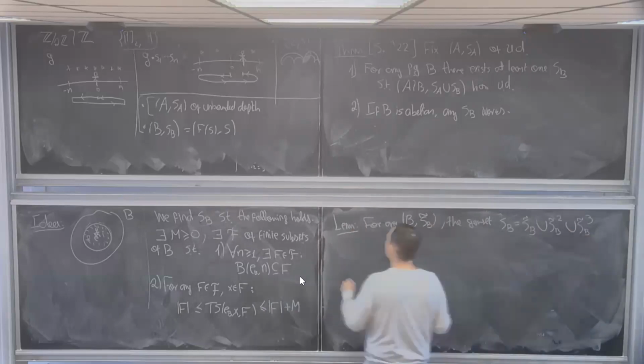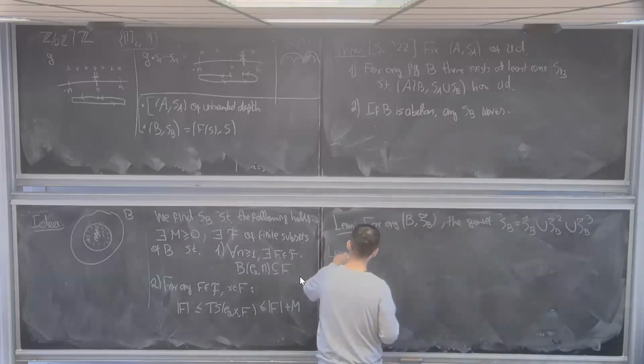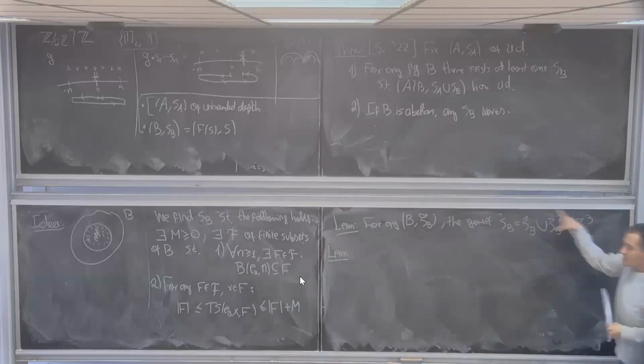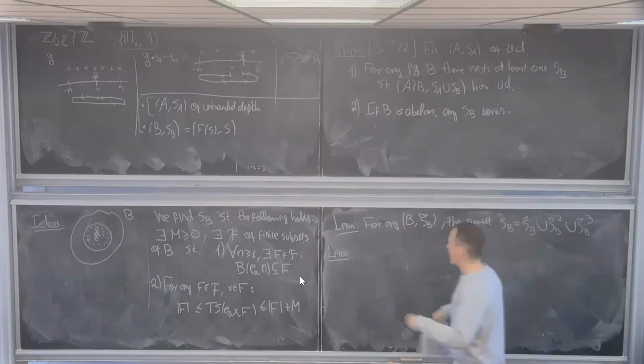And in the case of abelian groups, so this together with the above already implies the first part, right? In the case of abelian groups, we're saying any generating set works. So not any generating set is like this. So we need to say another thing.